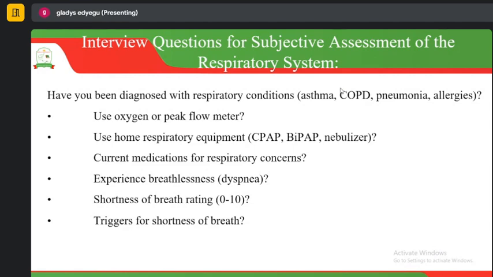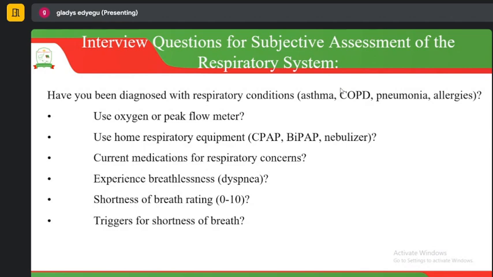So when you ask them this, they can be able to tell you whether they have been having this, and in case they mention that kind of thing, then you know this patient has been having this condition for a long time, or the patient is even taking kind of treatment for a long time, like the nebulizer. Nebulizer can be done especially for patients with asthma.